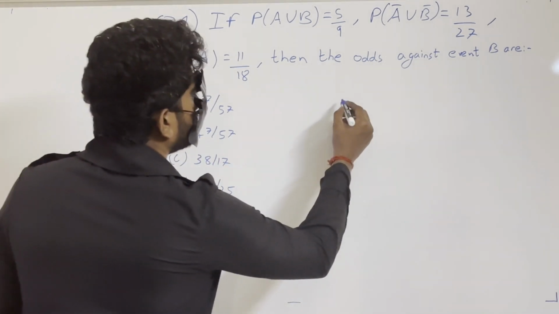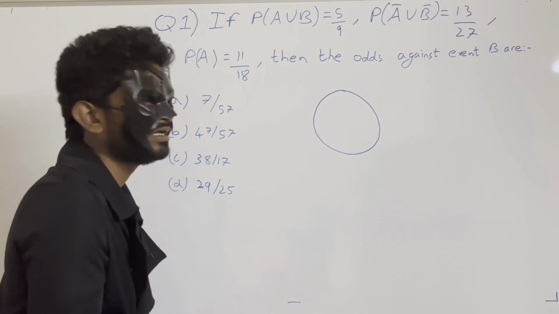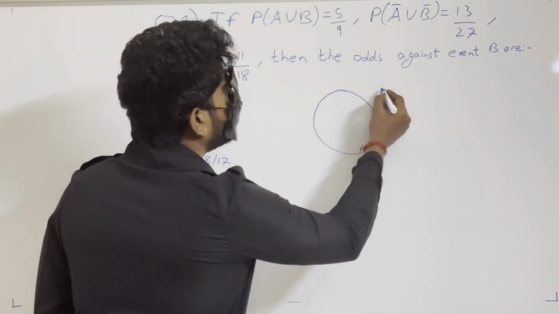Suppose you take this is some event A and I will denote event B by dotted lines.